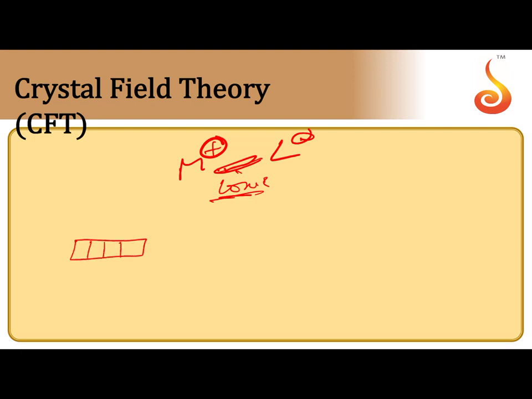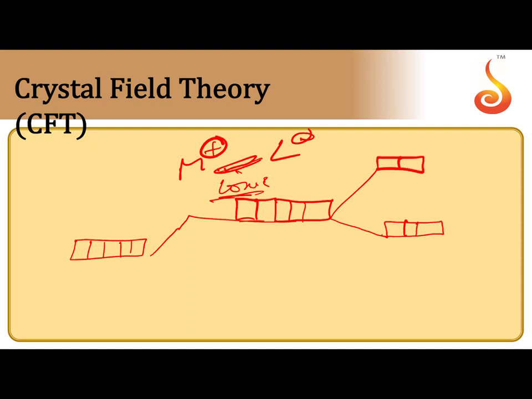Because of the crystal field, the 5 d orbitals are first excited into a higher energy level. Those 5 d orbitals split into 2 sets. If it is an octahedral complex, the set of 3 orbitals is called t2g orbitals and the set of 2 orbitals is called eg orbitals. This is called crystal field splitting.